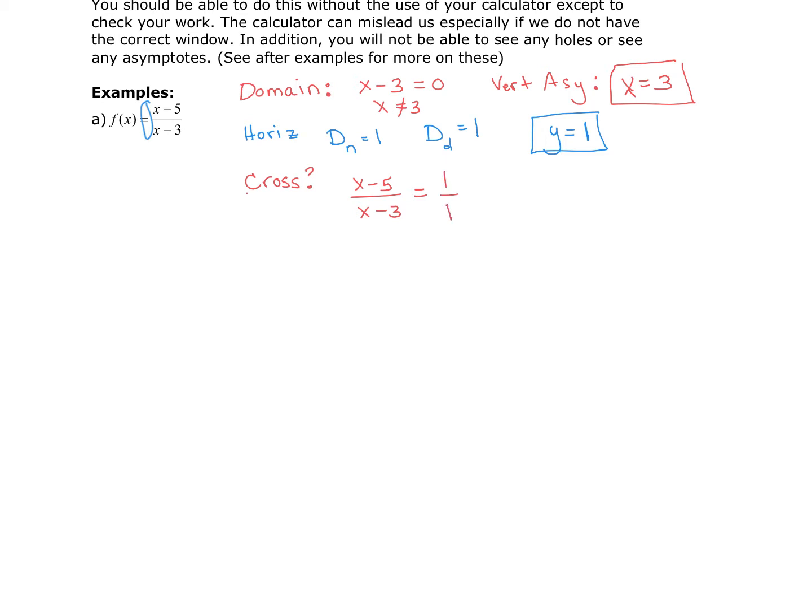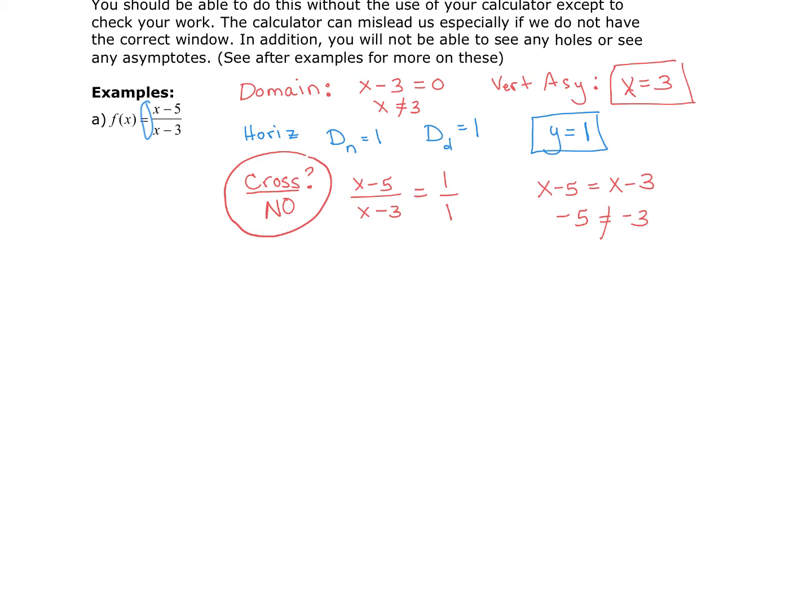And remember, if we're going to find out if it crosses, we're going to cross multiply. x minus 5 equals x minus 3. Subtracting x, we get minus 5 equals minus 3, which is not true. So it does not cross. All right, we have all of our asymptotes.